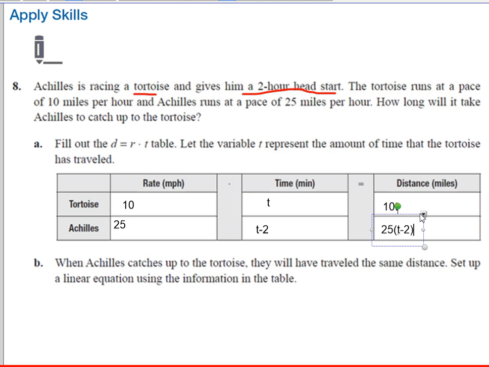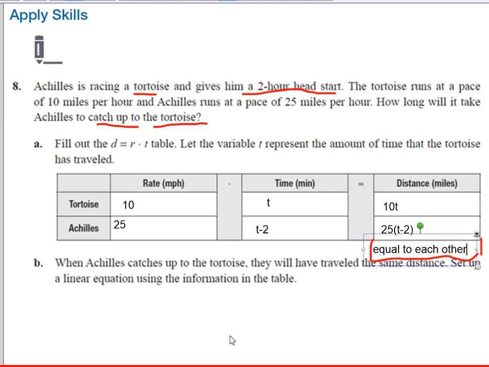And so now when we look at the total distance, they're giving us, again, something a little bit different. It says, how long will it take for them to catch up? So they want the spot where Achilles' distance is the same as the tortoise's distance. And so here, we're not adding or subtracting like we've done before. We want them equal to each other.